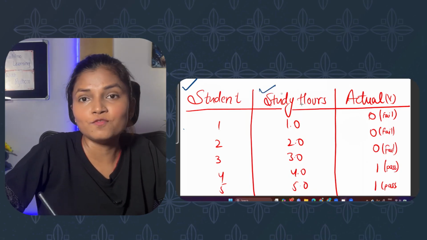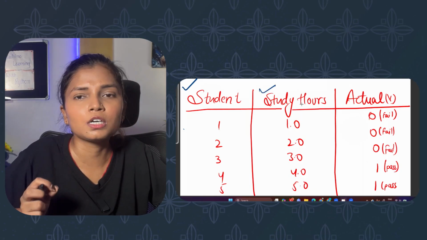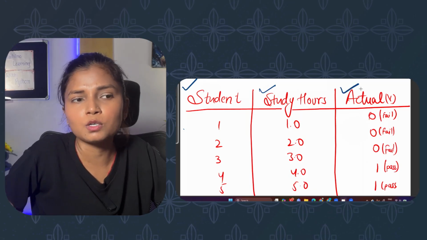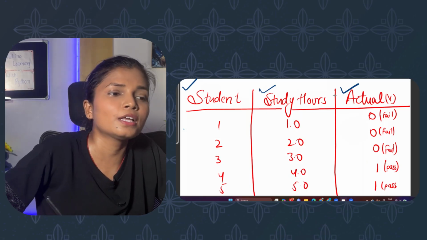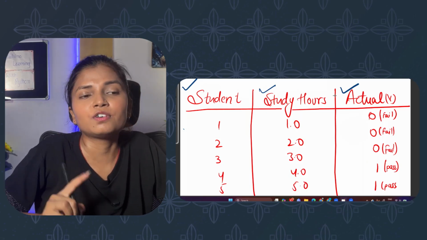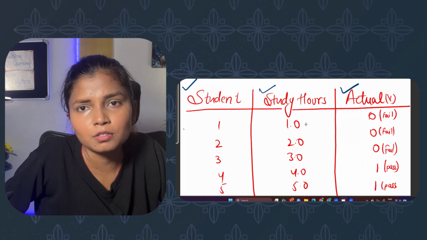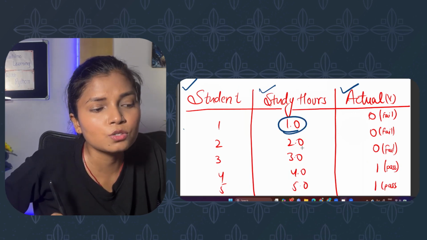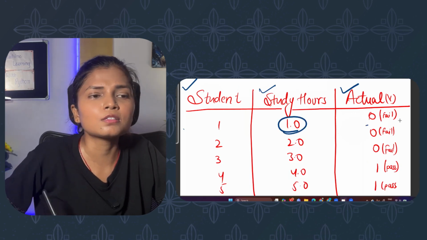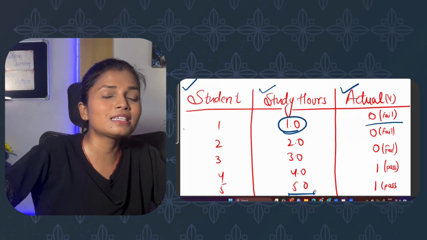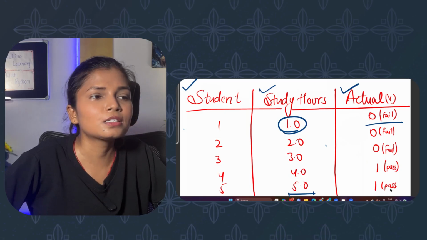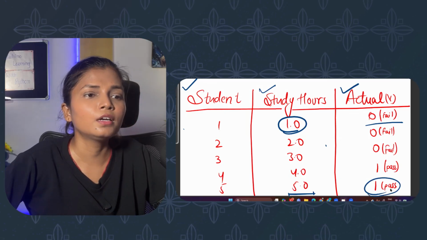Then the actual y: after studying 2 hours, 3 hours or 5 hours, will that student pass or not? Let's say the student who studies for 1 hour will probably fail. If the student studies 5 hours, the actual data says the person will pass the exam. This is just sample, synthetic data.